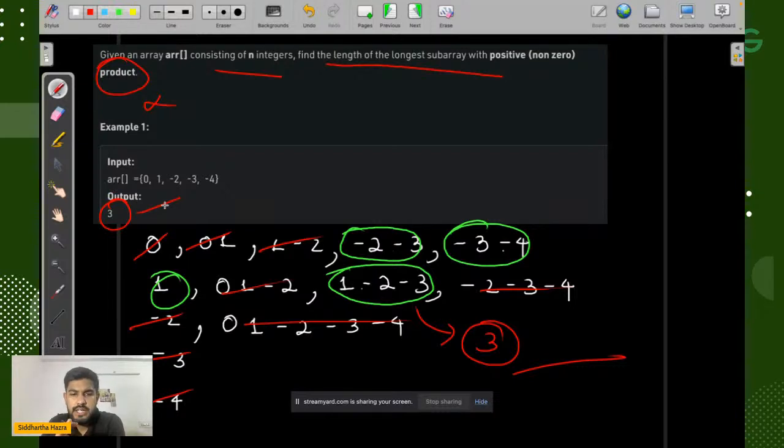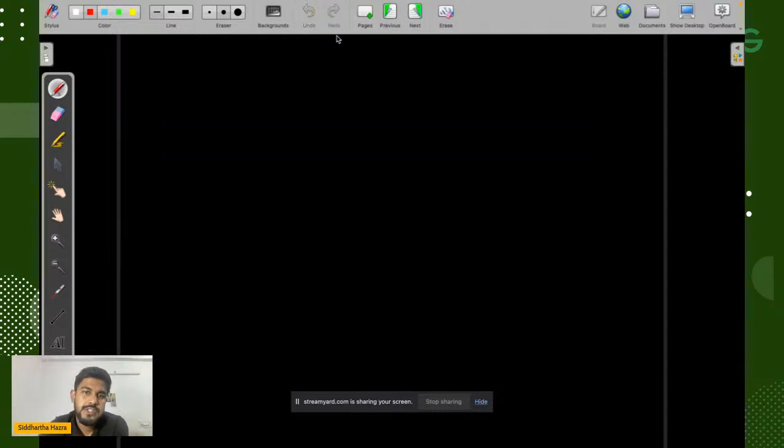Now if you see the solutions closely, what are discarded and what are not discarded? As you can see, if there is an odd number of negative numbers, then it is discarded.